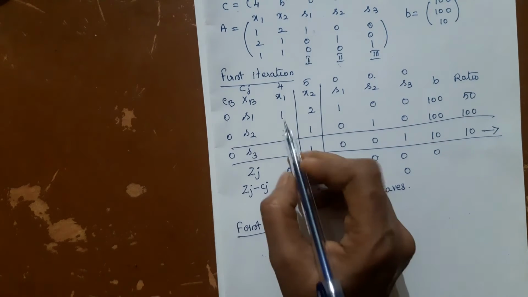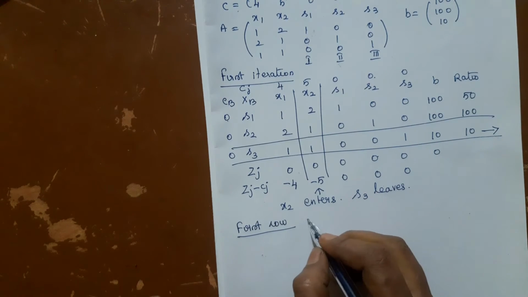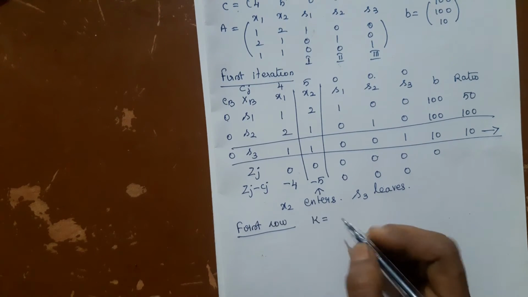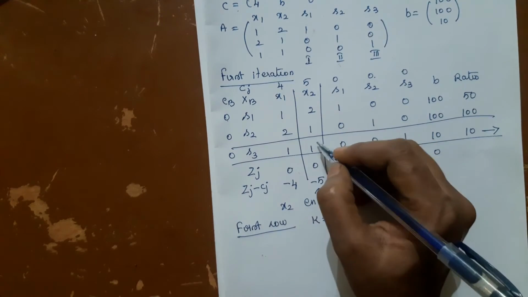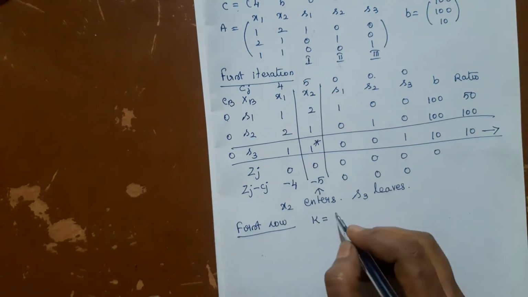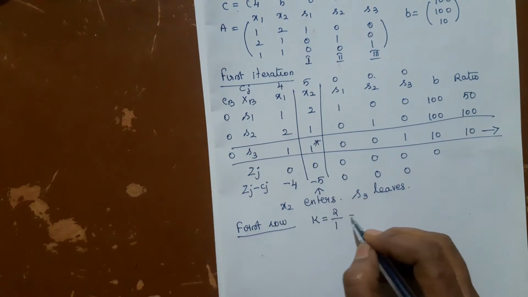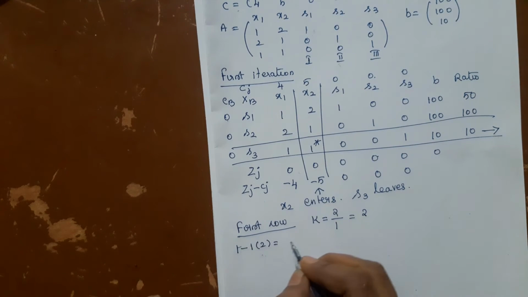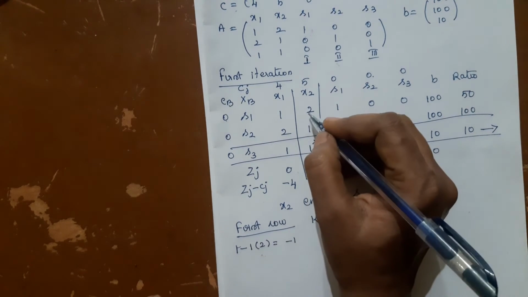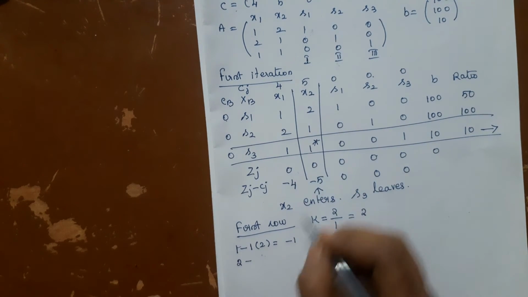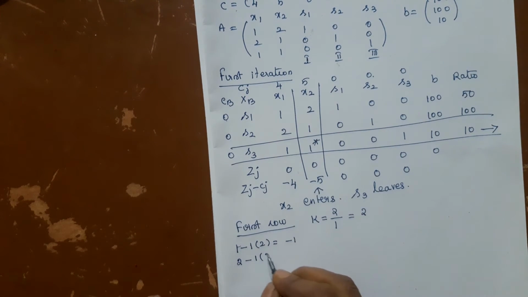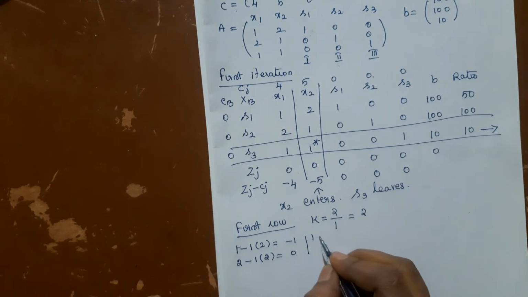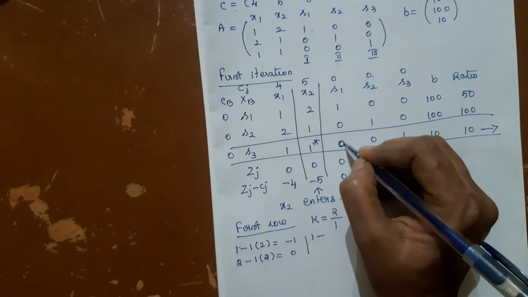Now let us do the calculation for the next iteration. The first row is not a key row, so you should compute a constant k. The formula is the value in the key column, 2, divided by the key number 1. So 2. Old value minus corresponding value in the key row into constant. So 1 minus 2 is minus 1. Old value minus corresponding value in the key row into constant is 0.